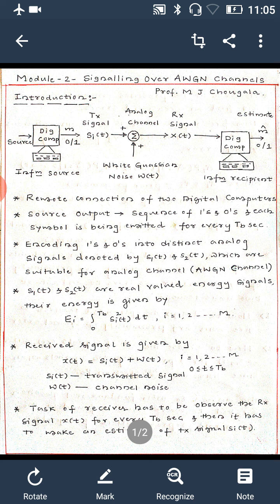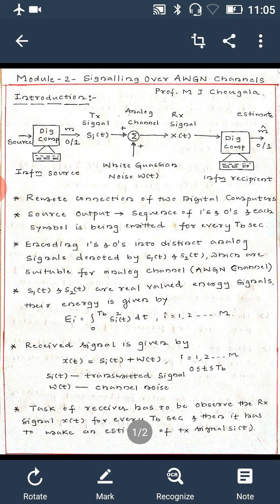These signals have to be transmitted through the analog channel, and here the channel we have considered is the AWGN channel.